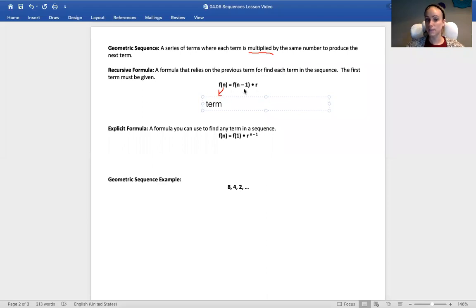And then f of n minus 1 continues to represent the previous term. So even though your pattern, you have a common ratio now instead of a common difference, is through multiplication, with a recursive formula, you still need to know that previous term in order to continue with your sequence.